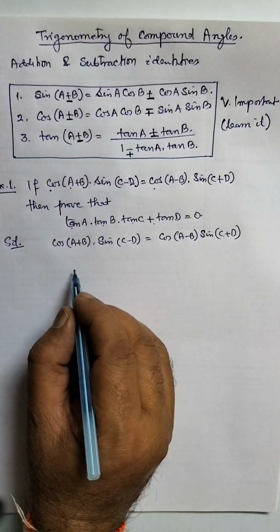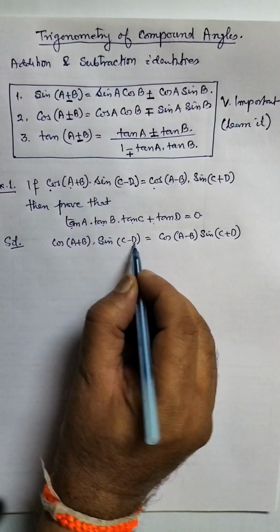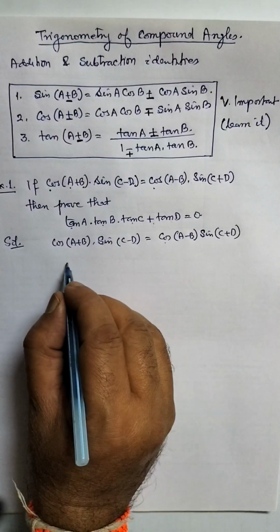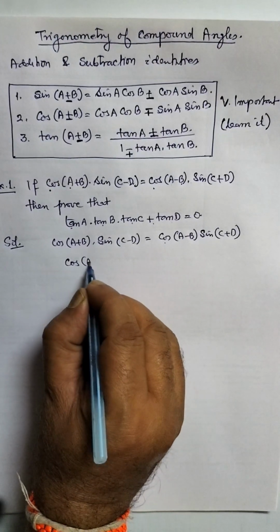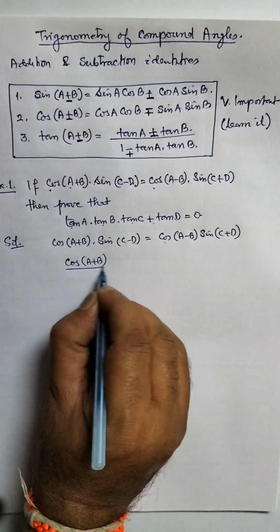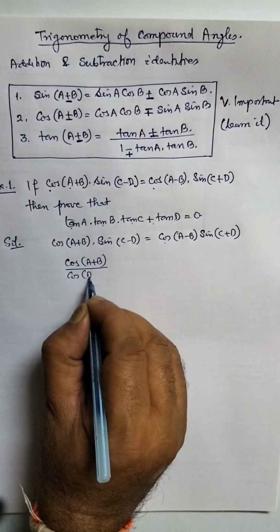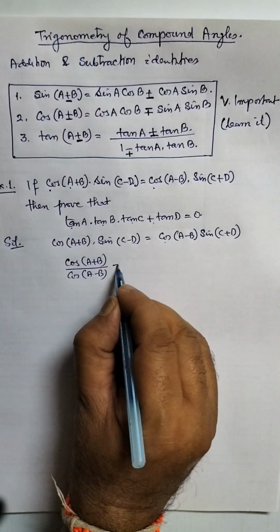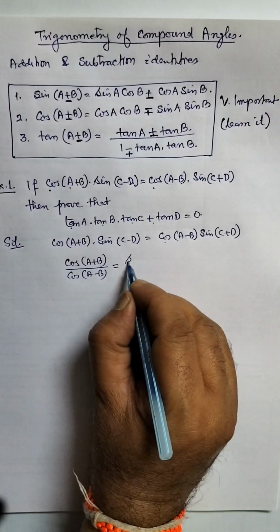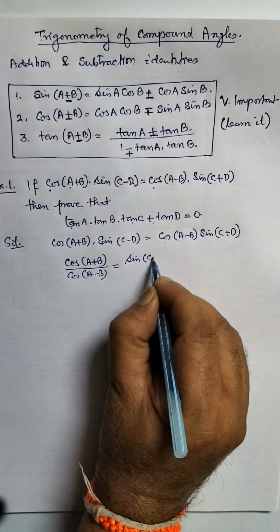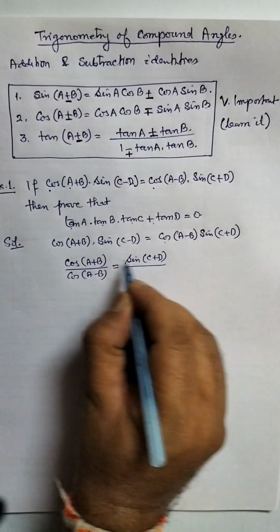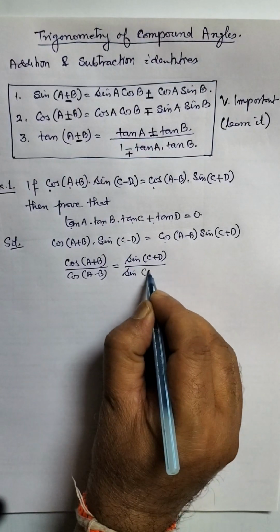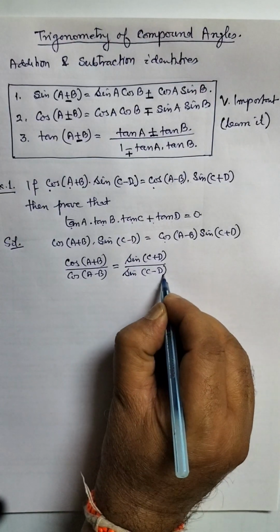So what I'll do, I'll take this sin C minus D this side and bring cos A minus B this side. So it will become cos of A plus B upon cos of A minus B, because this cos of A minus B has been brought this side. Now this side we are left with sin C plus D upon sin of C minus D.